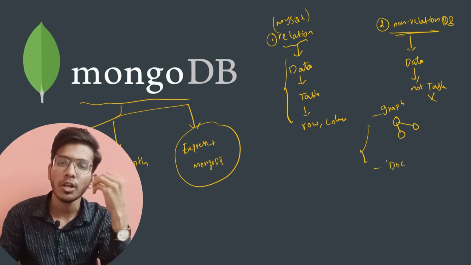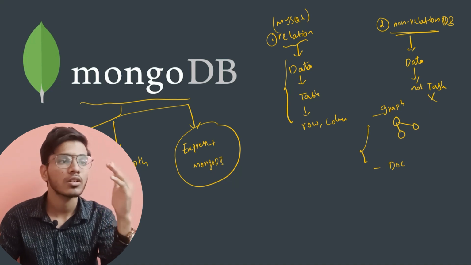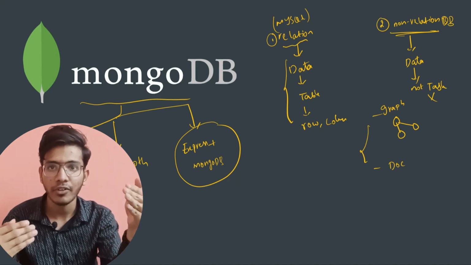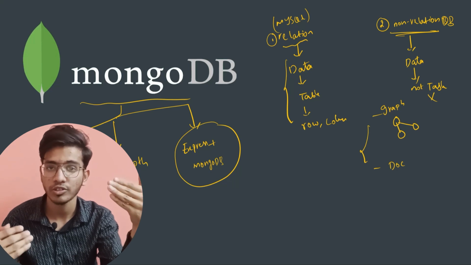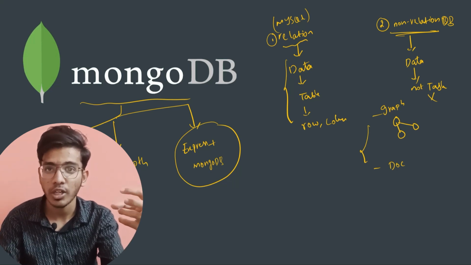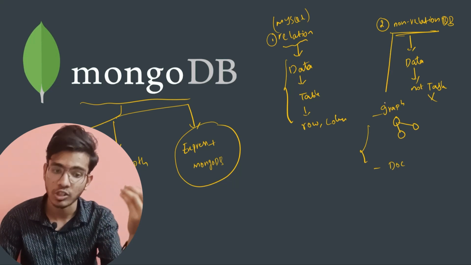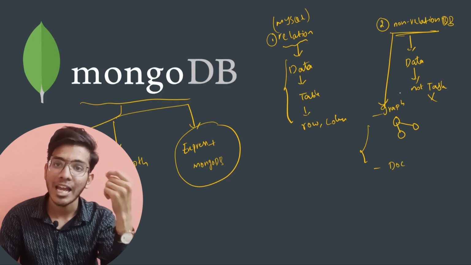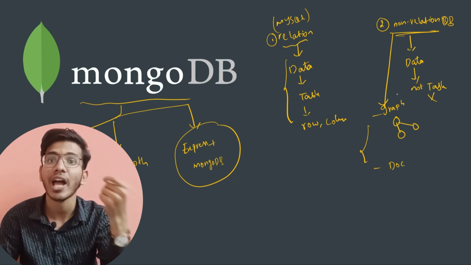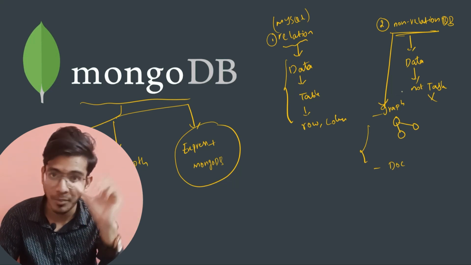So to store data, we are not using tables, rows and columns. We are using some other architecture, and I call that type of data storage system a non-relational database.